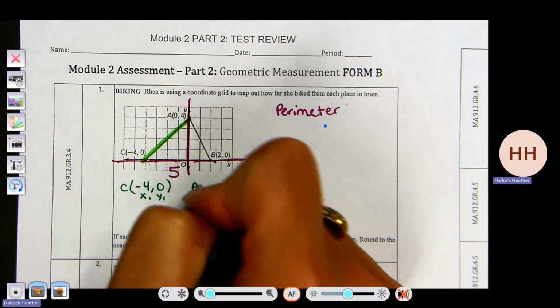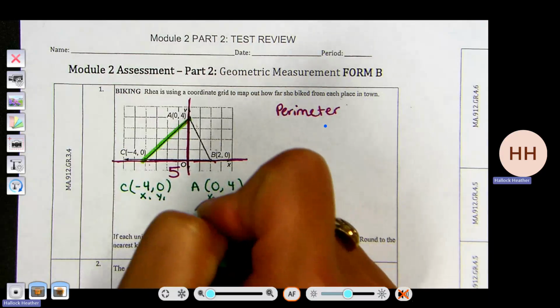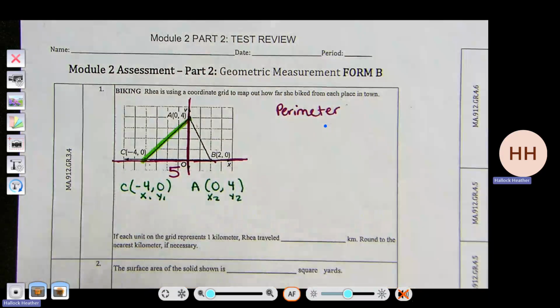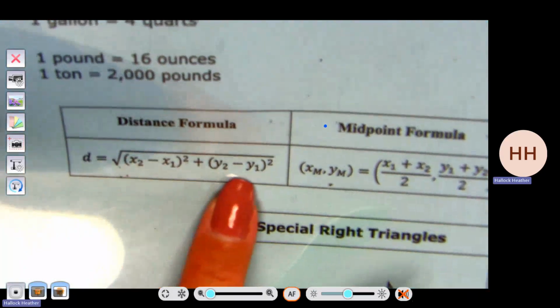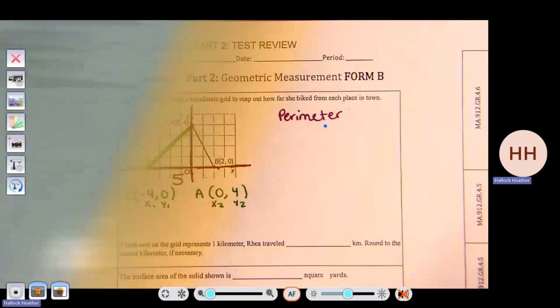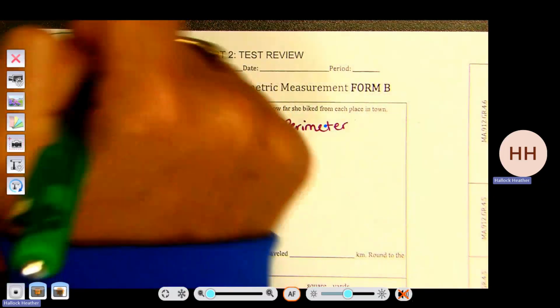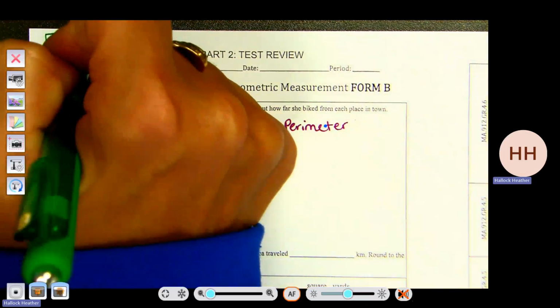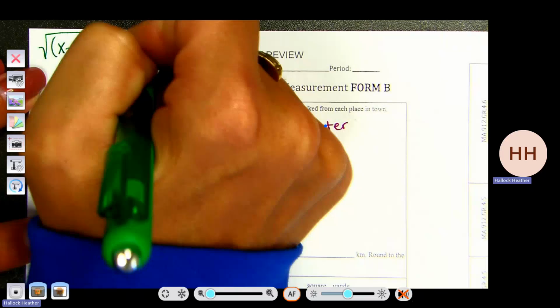I'm going to use A, which is coordinate point 2, 0, 4, which is x2, y2. I'm using the distance formula on my reference sheet. I'll write it at the top of my paper so that you have it, if you don't have a reference sheet at home: the square root of x2 minus x1 squared plus y2 minus y1 squared.